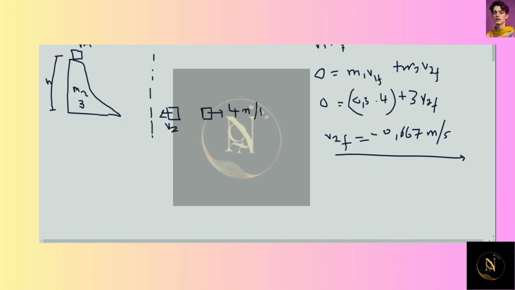Now, once you have this velocity, you want to find this height here. We know that all the energy that this has after this collision happens has to have come from somewhere within the system before the collision happened. So the only thing that changed here is the potential energy of M1.